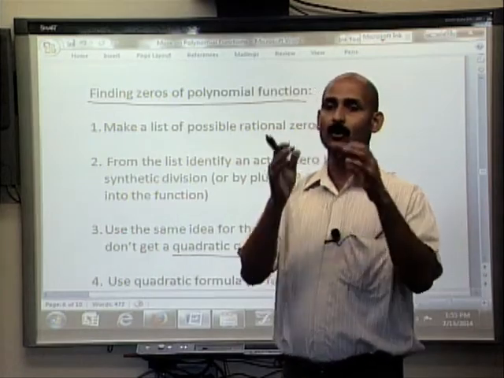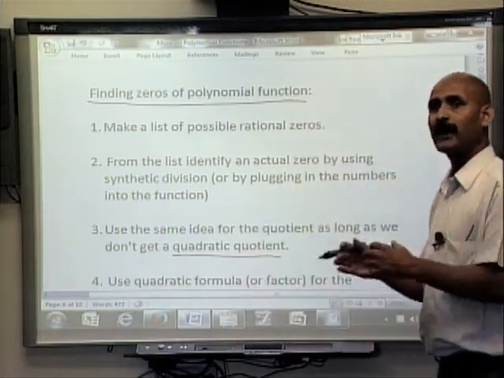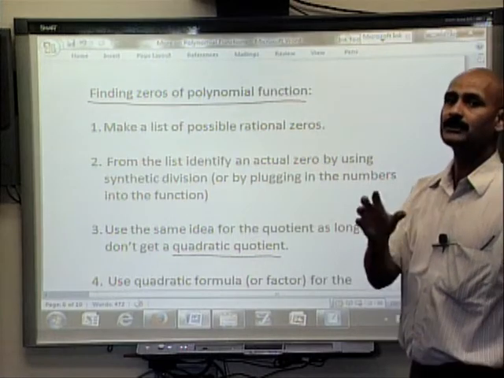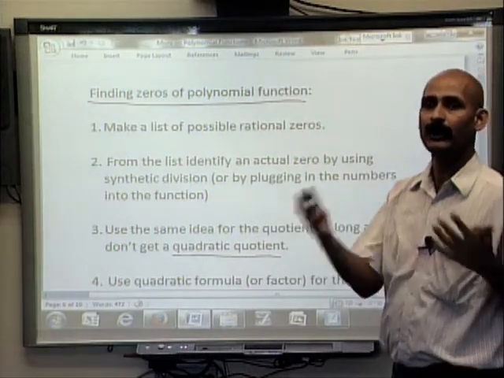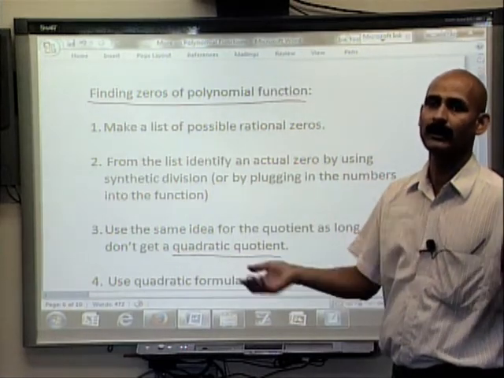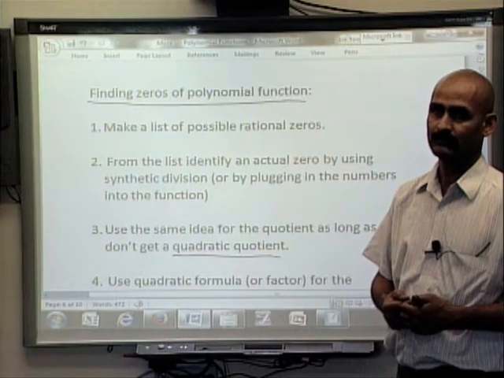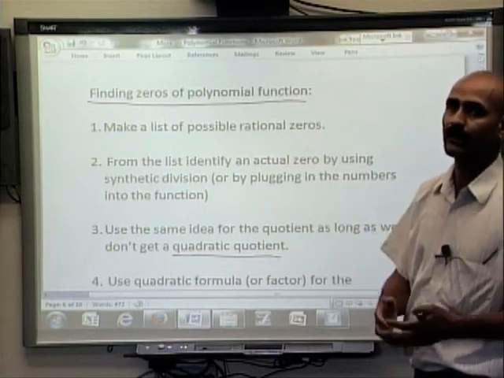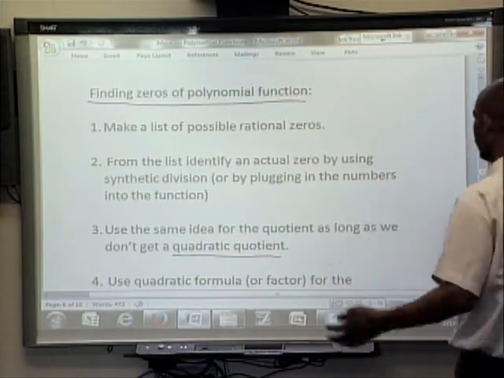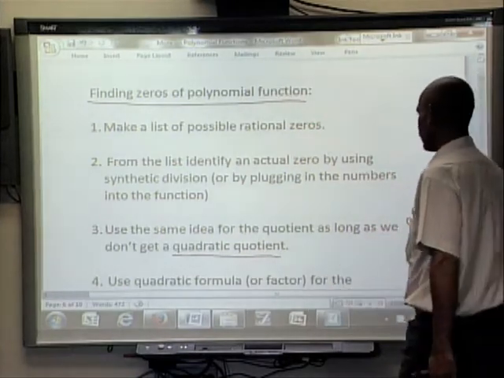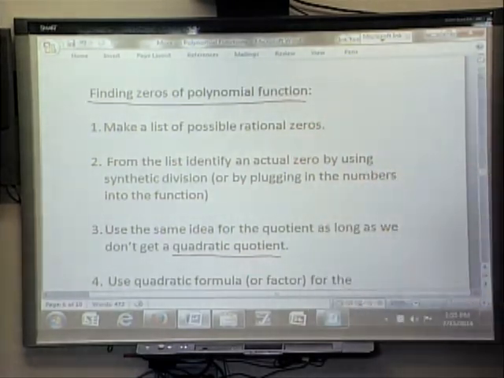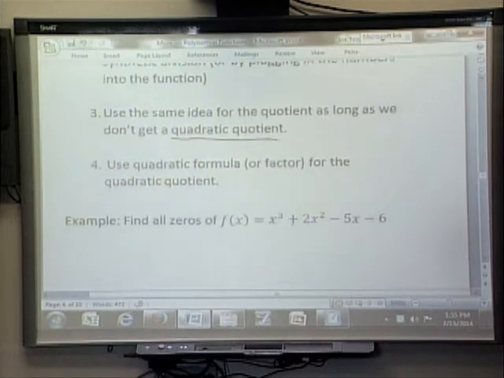Once we get a quadratic quotient, we just simply have to use the quadratic formula to find the rest of the zeros. Or we can even factor a quadratic function easily. Either you can factor or use the quadratic formula to find it. So these are the steps we need to follow.